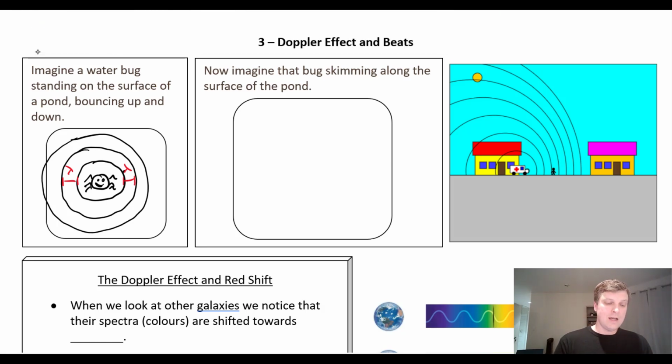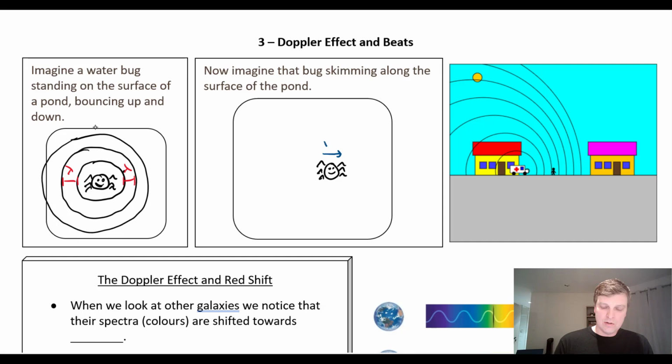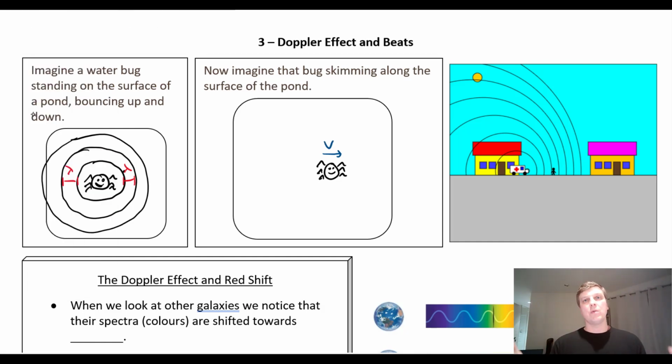Now, imagine this little happy water bug has somewhere to go. So now, as they jump up and down, they're also zooming across the surface of the water, traveling this way with a little velocity. Now, what would the shape of the ripples look like? Well, as they make a ripple, they then travel towards it.